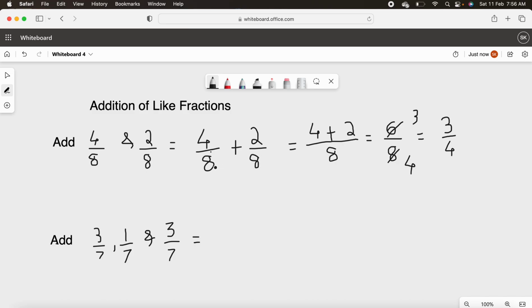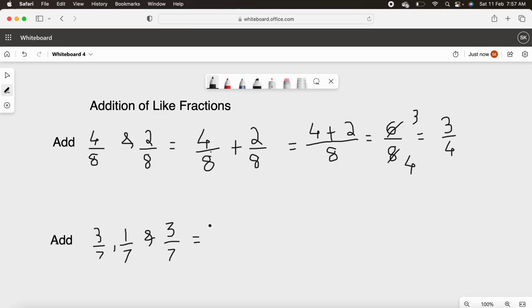You can't add denominators, and on top add the numerators only. 4 plus 2, which is nothing but 6 by 8. Now the next step, you can leave the answer here itself at 6 by 8. It's still correct. But since 6 and 8 are divisible by 2, 2 times 3 is 6, 2 times 4 is 8. The answer is 3 by 4.